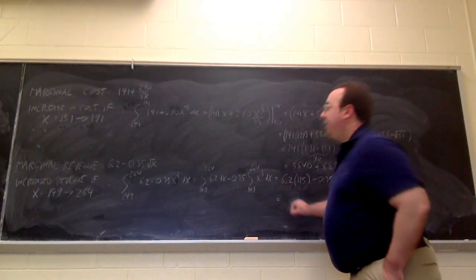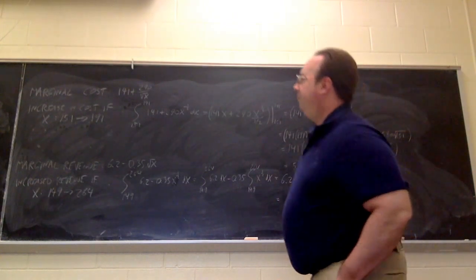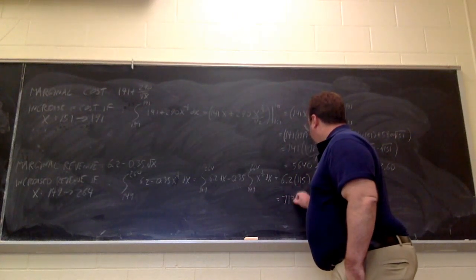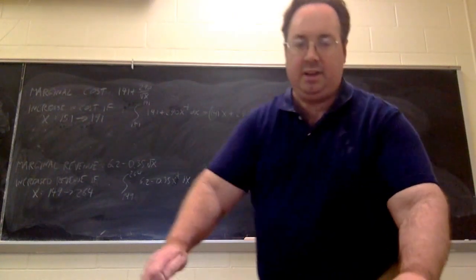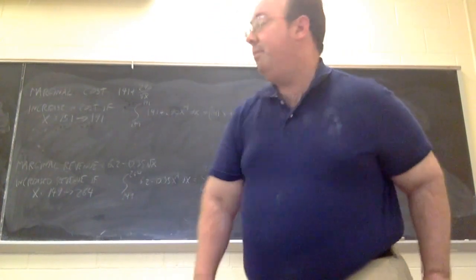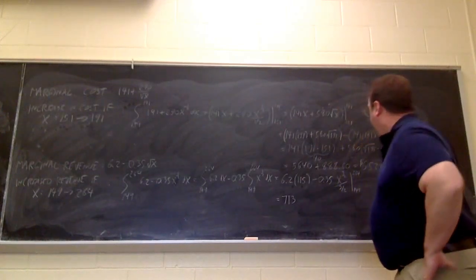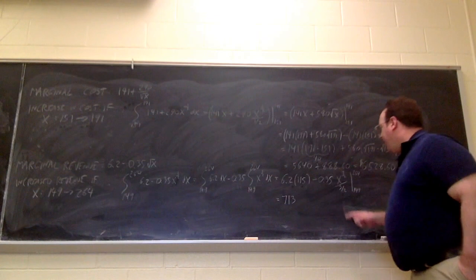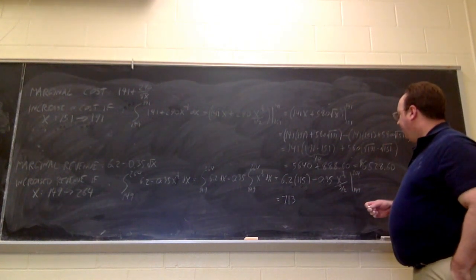So for this part we get 713. And for this, dividing by 3/2 is the same as multiplying by 2/3.